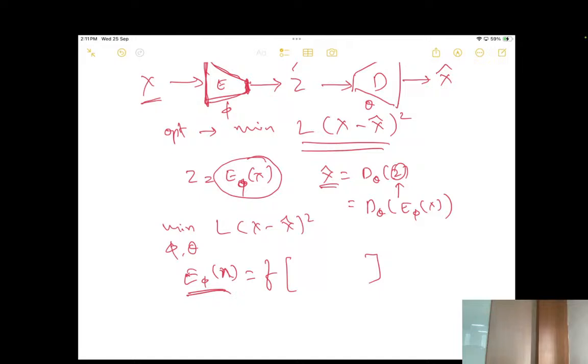What is your encoder? What is your autoencoder which transforms x to z? It is a set of neural layers, some input layer, the output layer and some hidden layers. How do I represent that?